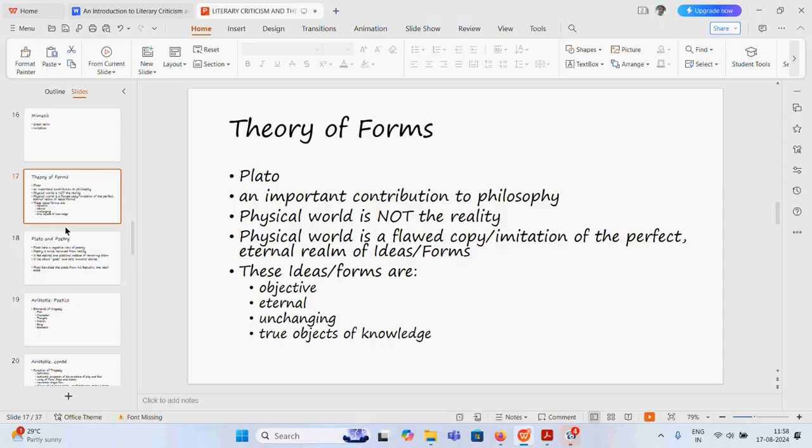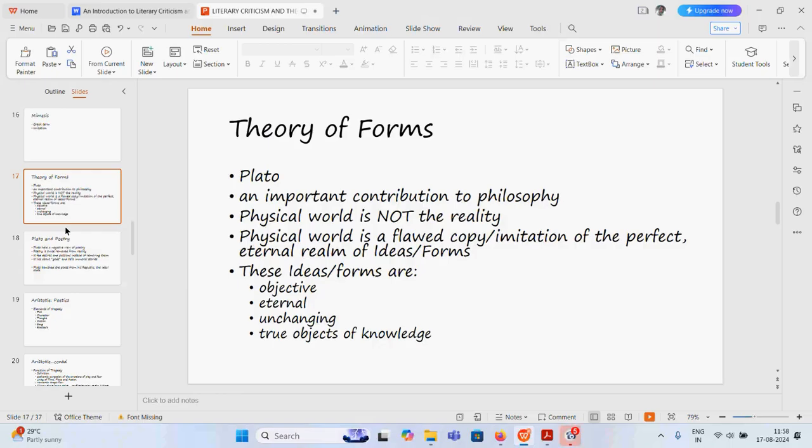Let us move and try to understand this theory of forms as proposed by Plato. Other than mimesis, Plato also came up with this theory of forms. This is one of the important contributions of Plato to philosophy. It also helps us in an understanding of mimesis.